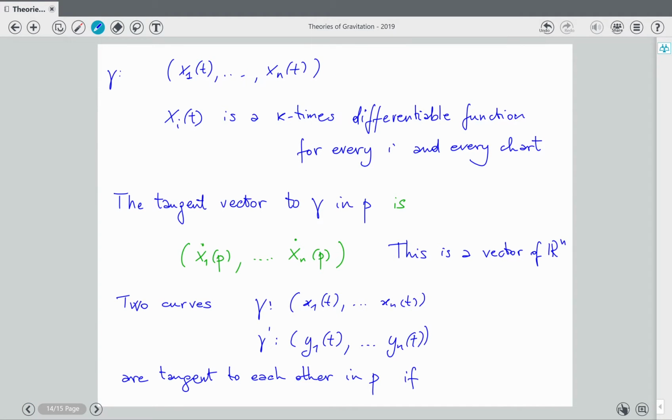So let's make a note here to stress that x and y refer to the same coordinate system, the same chart. They are not different coordinates for the same thing. They are different things with the same set of coordinates because they are different curves, but they refer to the same chart.